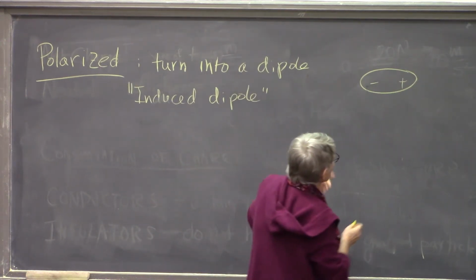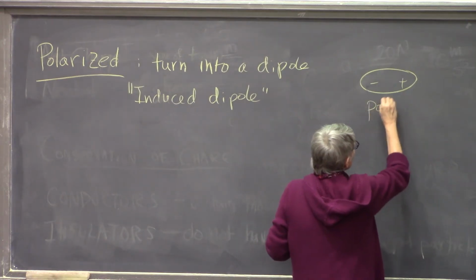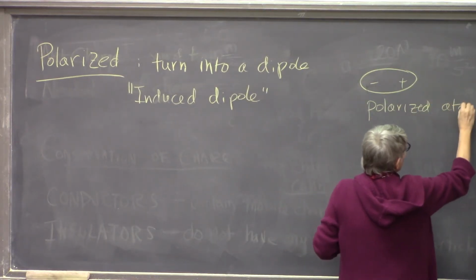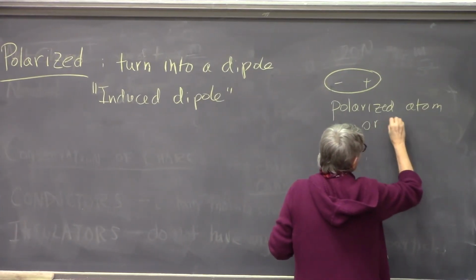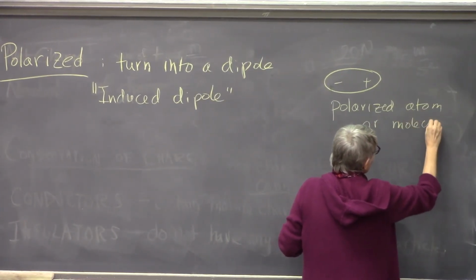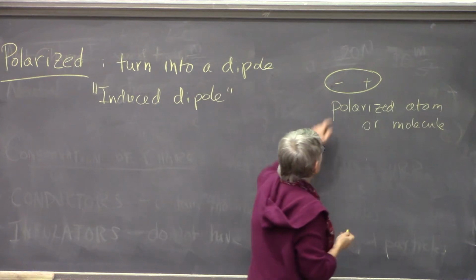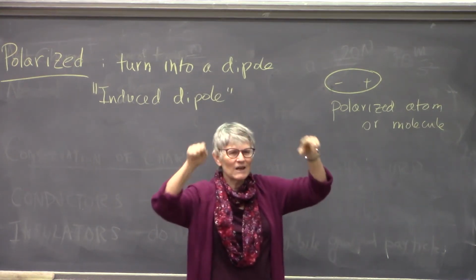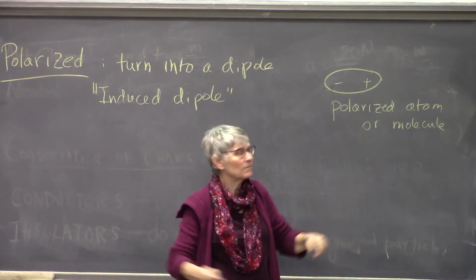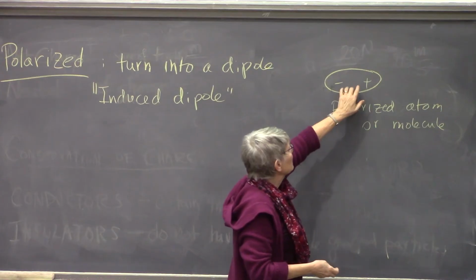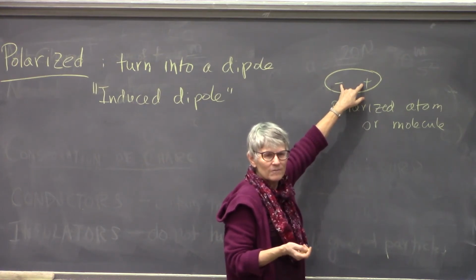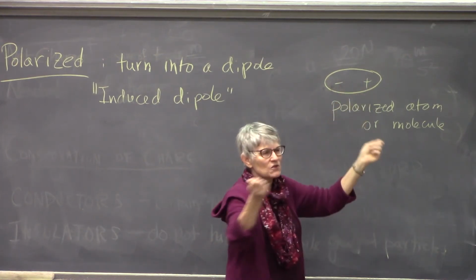And so what does this mean? This is an atom or molecule. The envelope means that it's constrained, it can't move farther. And this indicates that there are inside of it positive and negative charges which are slightly separated.